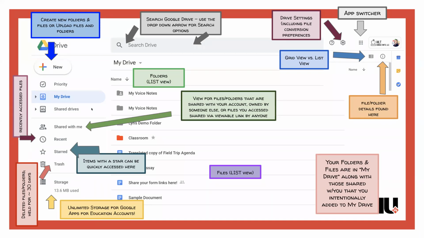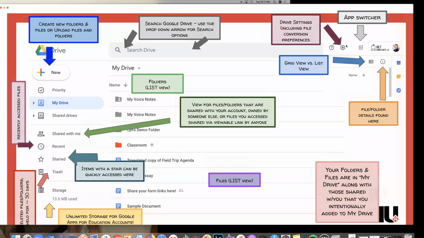For example, your little figures, they are normally associated with things like sharing. So if you always look for the little people, that's where your share options are going to be. Your waffle guy here, I call him the waffle, that's your apps chooser. So if you click on that in any app, you're going to have access to all of your other apps. This is almost always the settings. So understanding that gear wheel.